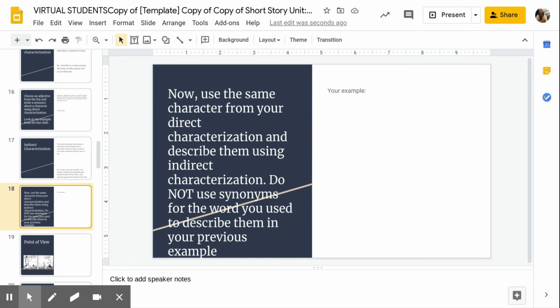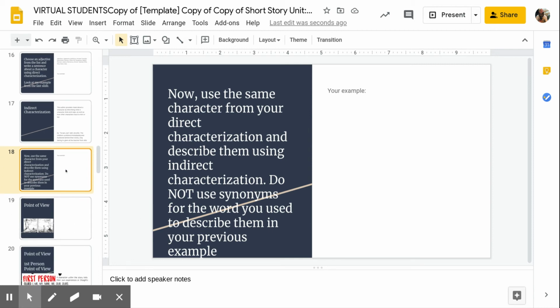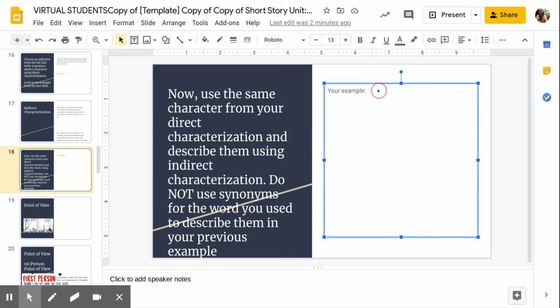So, like I said, I hope this makes sense. It shouldn't be a page long. A lot of times, some people make indirect longer than direct because they want to provide more than one clue, and that's okay. But like I said, it shouldn't be too long. You just put that example right here.